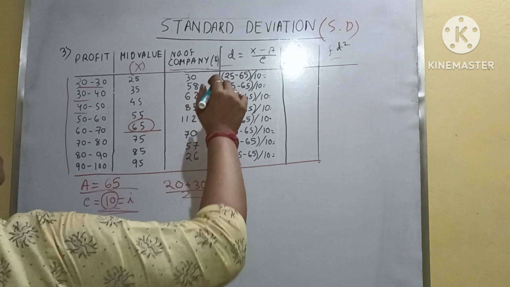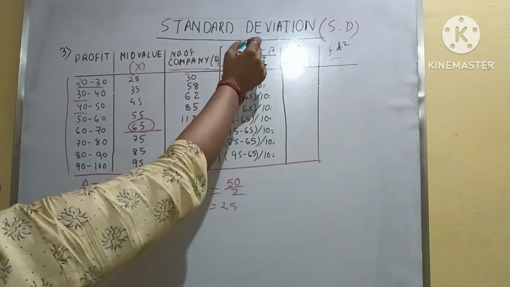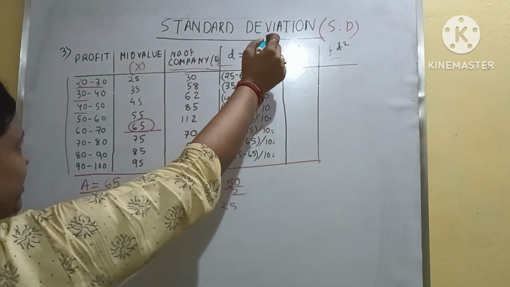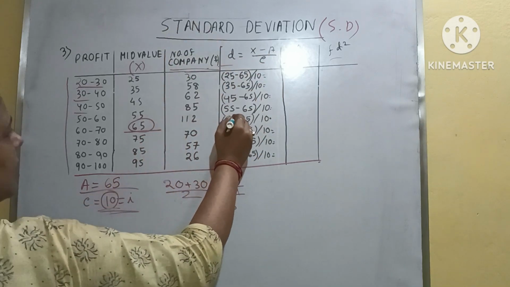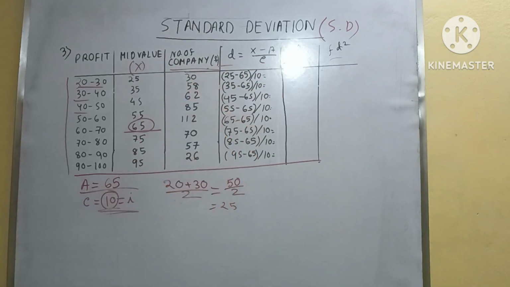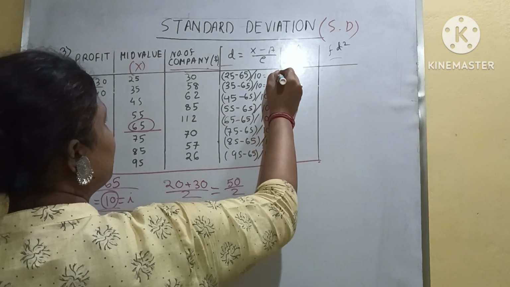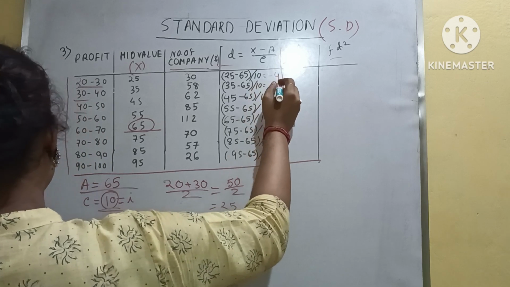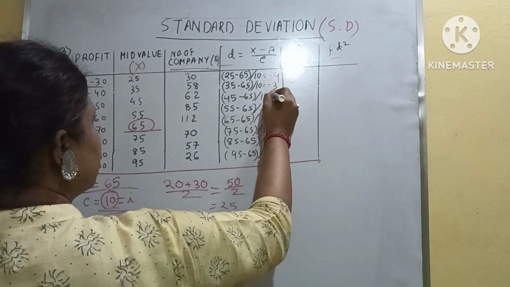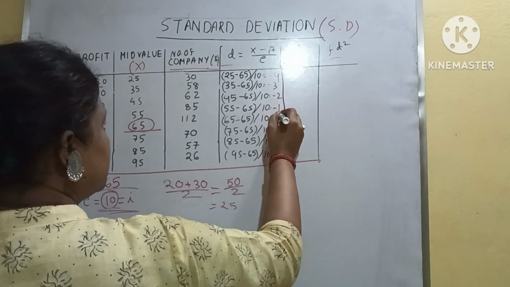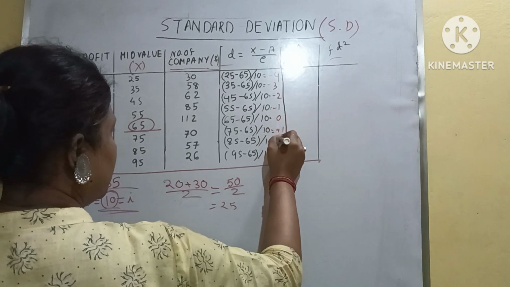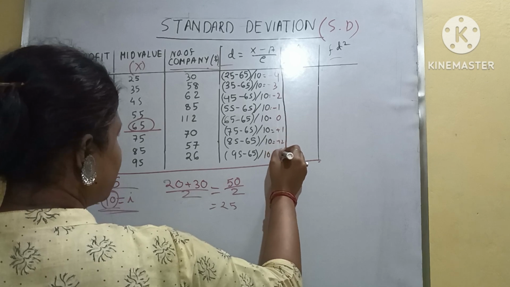Now d equals x minus a, the assumed mean, divided by c. I have already written here how to calculate this, so I just put in the values. The answers are minus 4, minus 3, minus 2, minus 1, 0, then plus 1, plus 2 and plus 3.